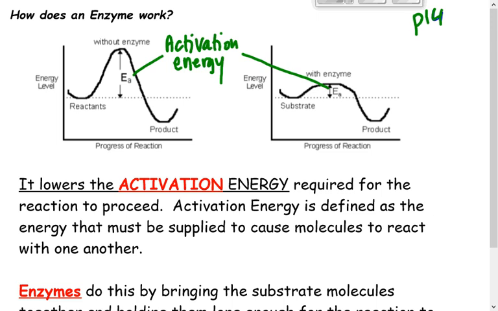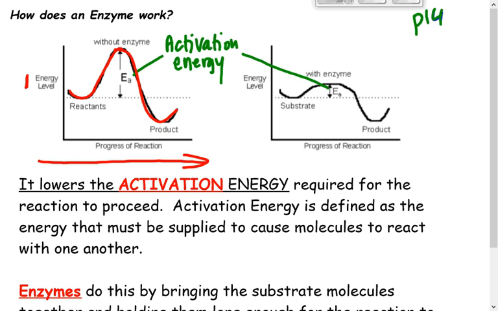If we look at the graph on the left here, this is our energy level, and this is the progress of the reaction on the bottom. Without enzymes, it would take a lot of energy for those molecules, which are just randomly in your body, to collide in just the right orientation with just the right amount of force to bind together or break apart to make that product.